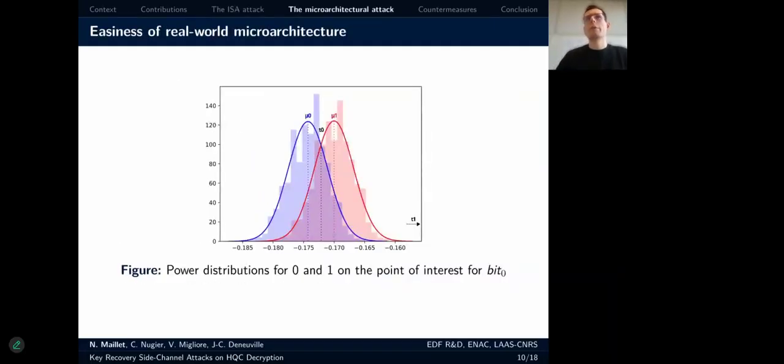Then we made a microarchitectural attack, where we did the attack on real hardware, and what happens here is that it's even easier than the architectural level attack, because you only have 2 Gaussians of the power consumption, and those Gaussians only depend on the bit computed.